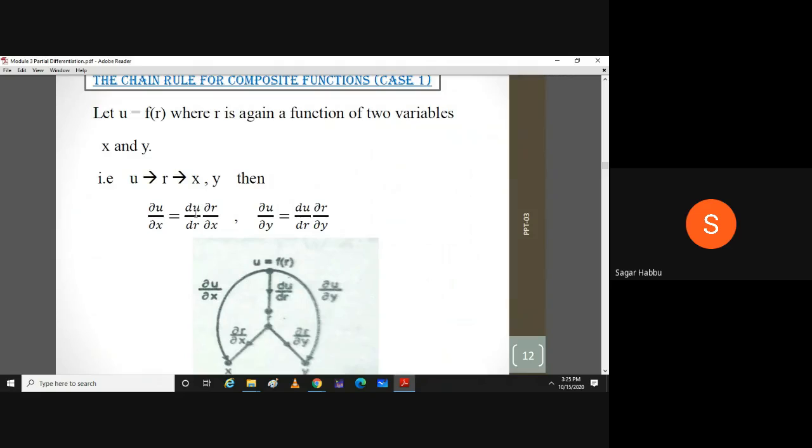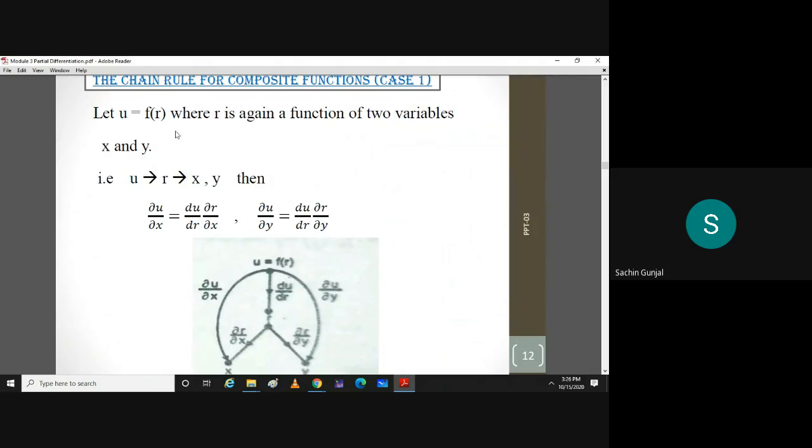Sir, then also y is constant, and then it would be y only. So this partial r by partial x will be y, isn't it? And this will be du by dr, which you can write as u dash. Could you repeat that? u is equal to f of xy. In place of r, there is xy, right? Now I am substituting that xy as r.